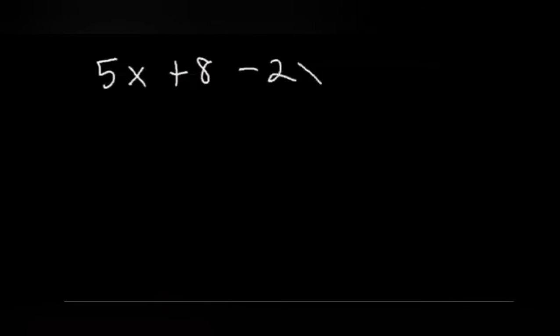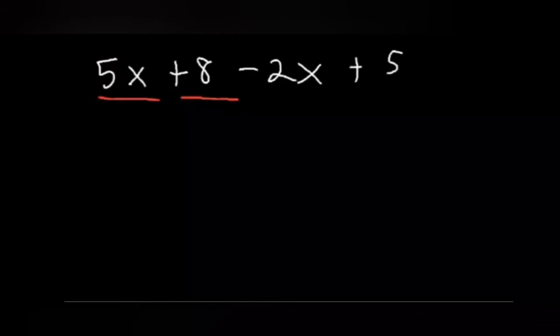We have 5x plus 8 minus 2x plus 5. Now as you can see, we have both like and unlike terms. 5x and 8 are unlike terms, but 5x and minus 2x are like terms because they both have x.